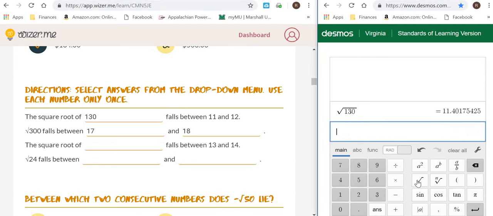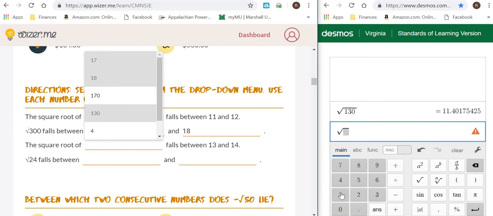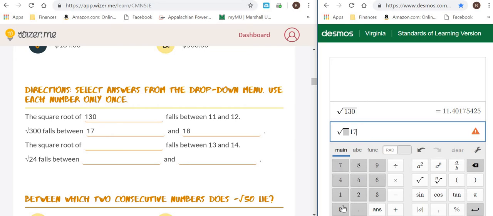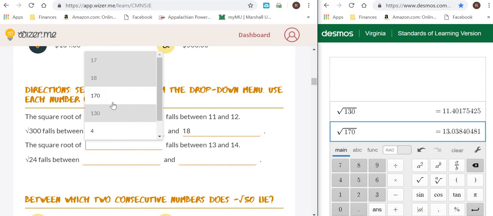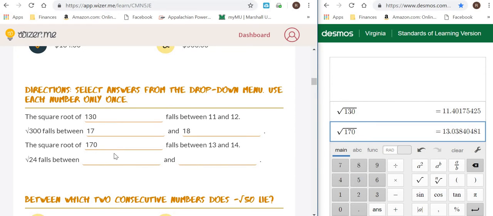So let's go ahead and try the square root of 170. And oops, I didn't put that in the right place. Let me try that again. I'm sorry. The square root of 170 is 13.03, definitely between 13 and 14.